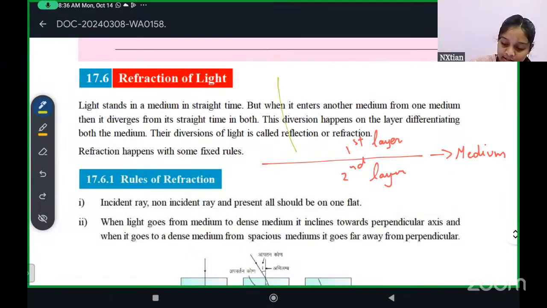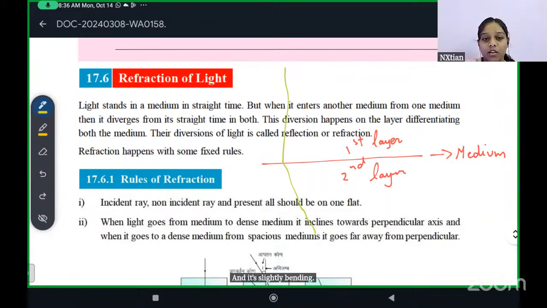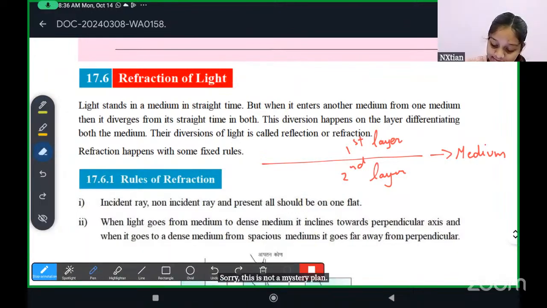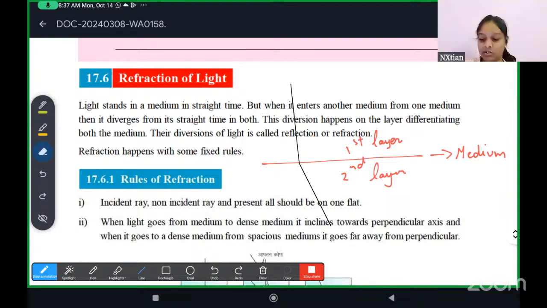My light ray is coming here. And it's slightly bending. Okay, so this is not in a straight line. Light rays coming, and then slight bend is taking place. Like this. Okay, so this is what it's trying to explain.